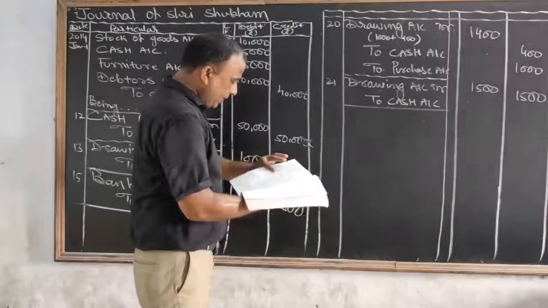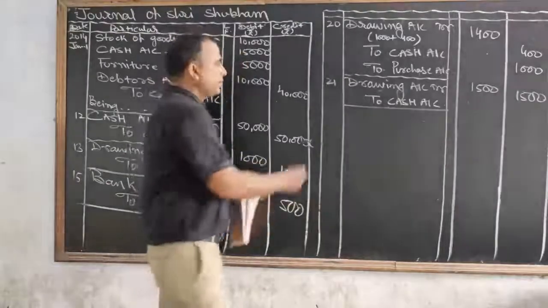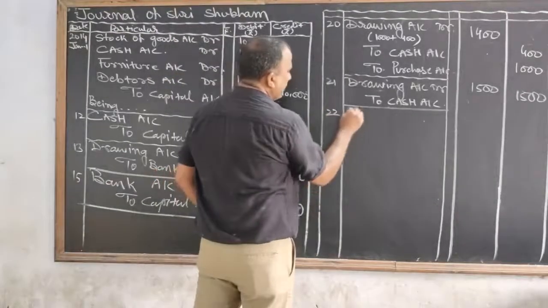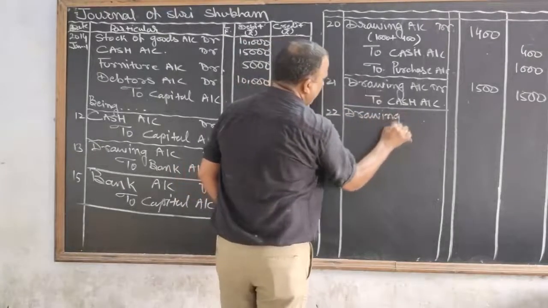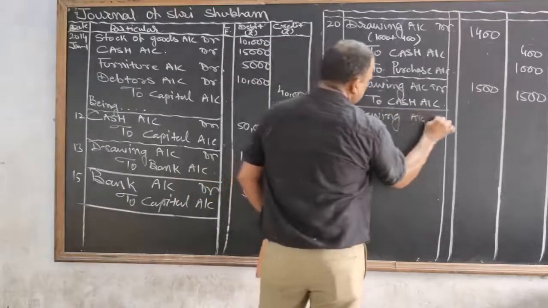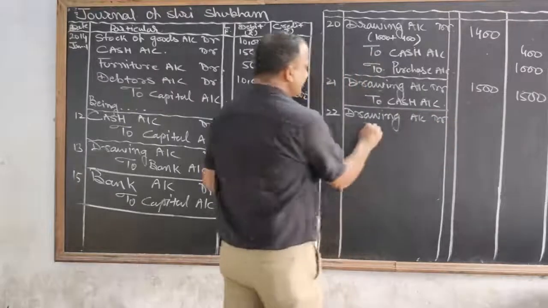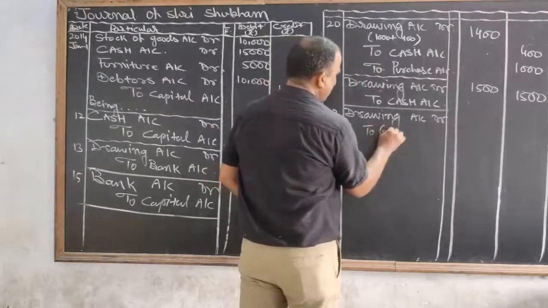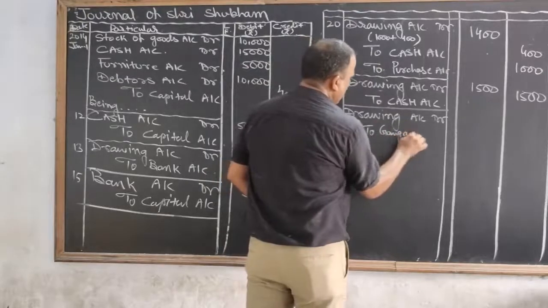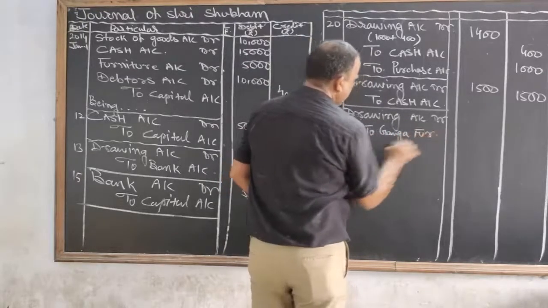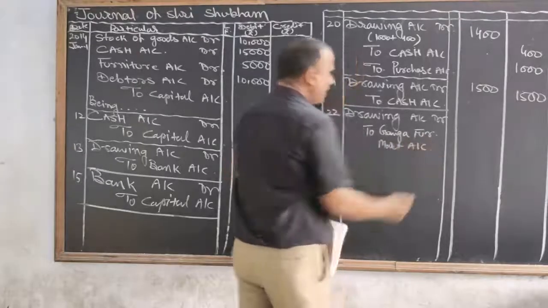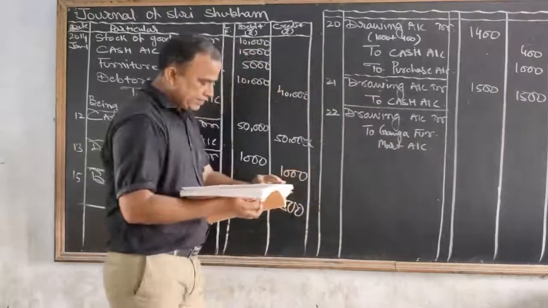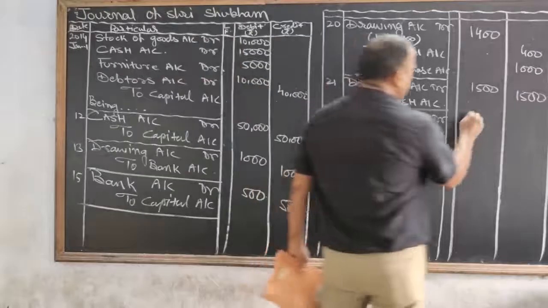So if a personal expense is affected, the drawing account is affected.